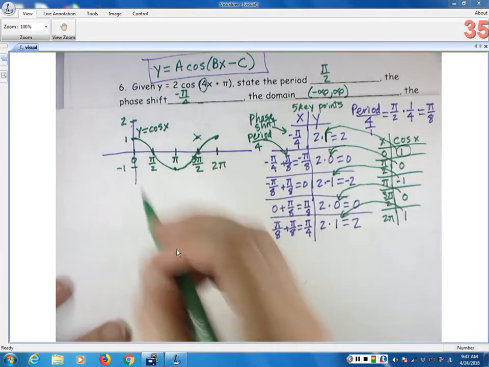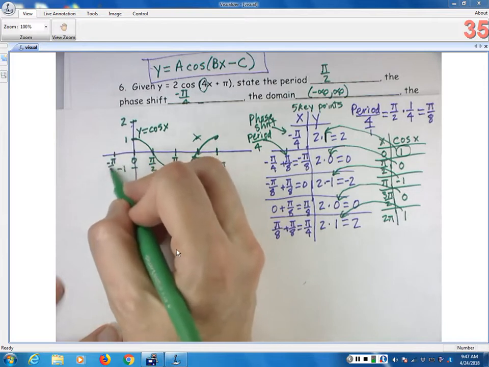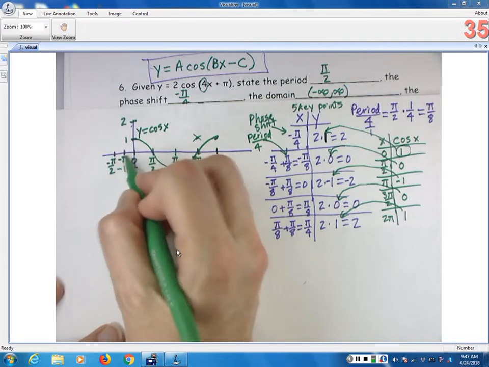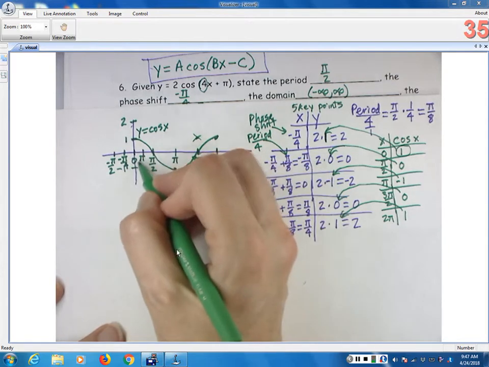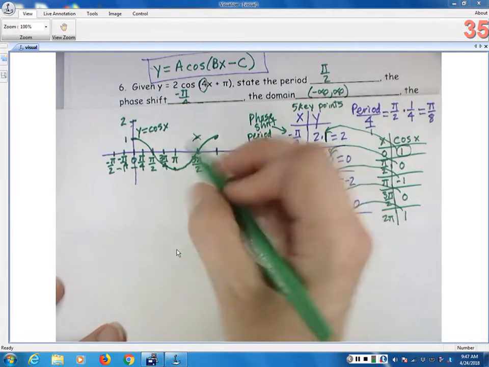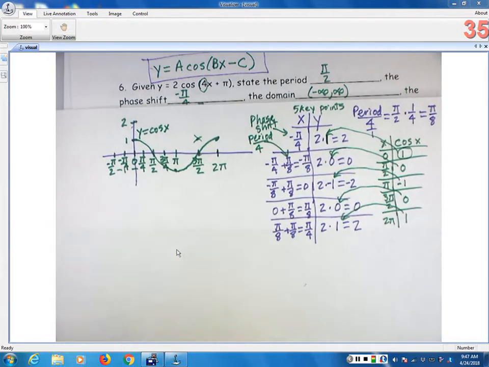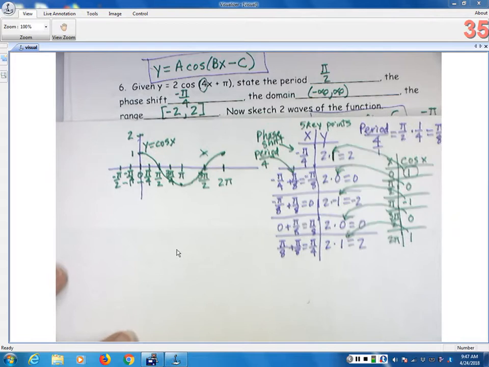So minus pi over 2 will be here, minus pi over 4, pi over 4, 3 pi over 4. I'm having trouble fitting all this in. Well, it's going to help me to have some of them in here.